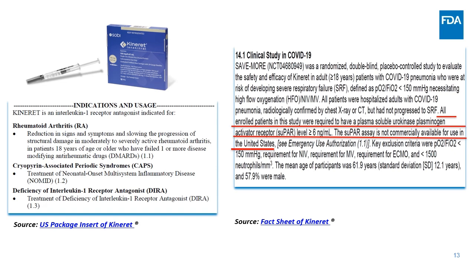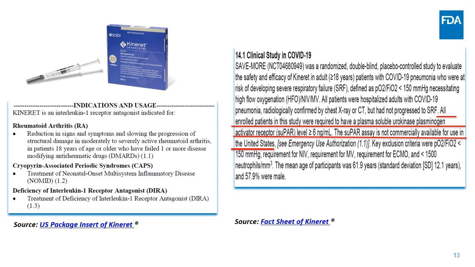The main basis for this application is a clinical trial called the SAVE-MORE study. This trial was a randomized, double-blind, placebo-controlled study to evaluate the safety and efficacy of Anakinra in patients with COVID-19 pneumonia who are at the risk of developing severe respiratory failure. The COVID-19 pneumonia should be radiologically confirmed by chest X-ray or CT.